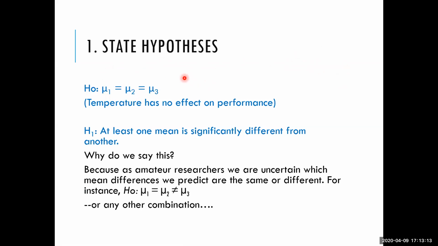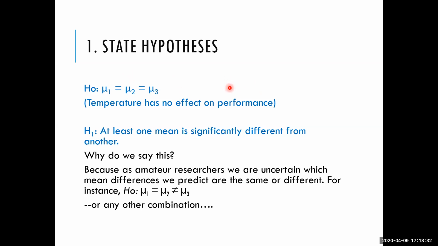But since analysis of variance allows us to have two or more means, we're going to write however many means we want. So the null hypothesis would be no differences among or between any of the means, right?